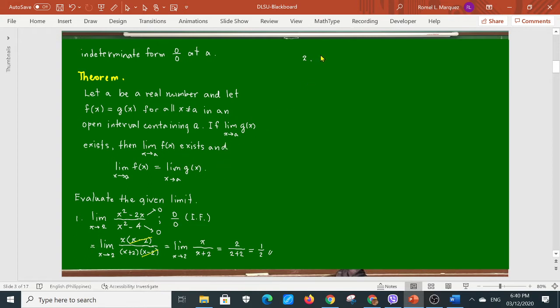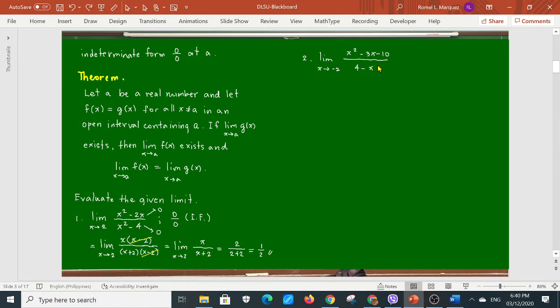Limit. So again, limit as x approaches -2 of x squared minus 3x minus 10 all over 4 minus x squared.